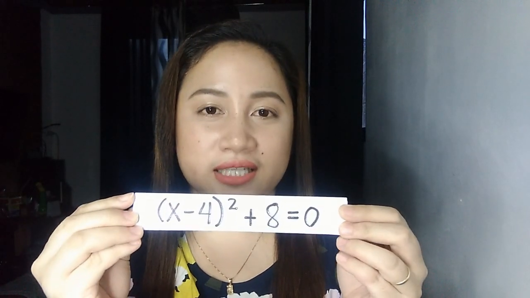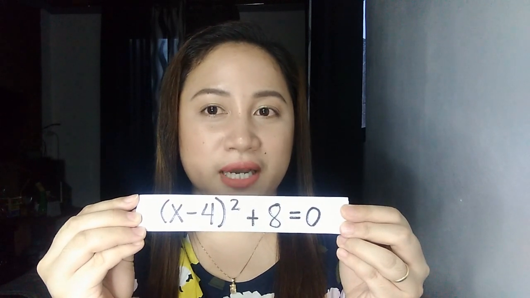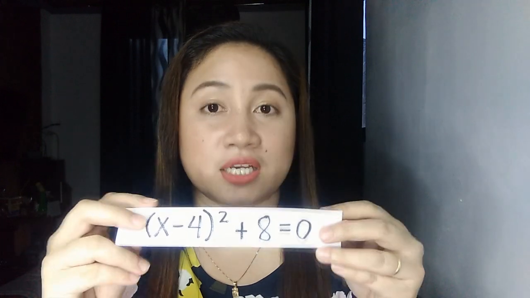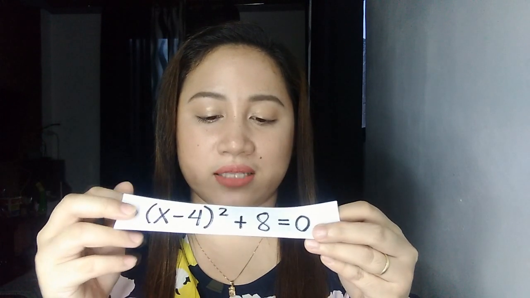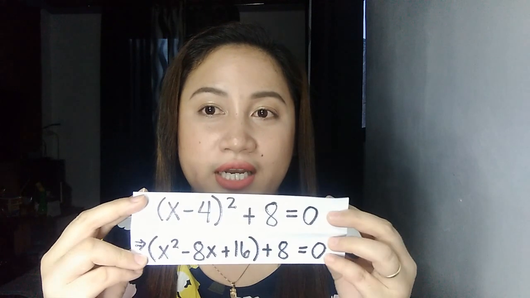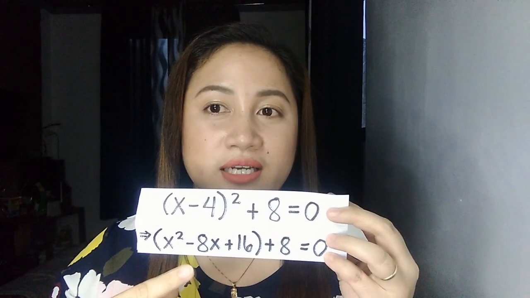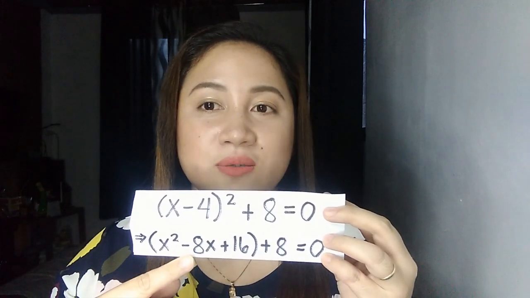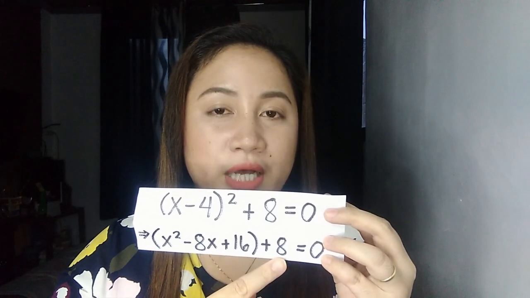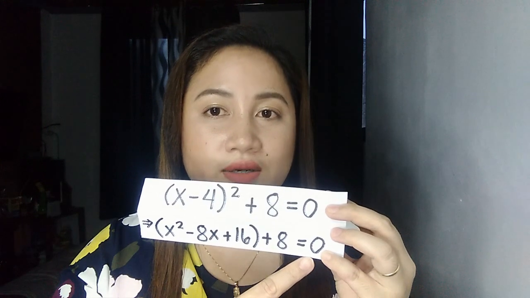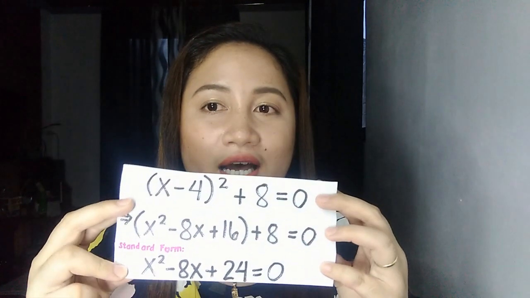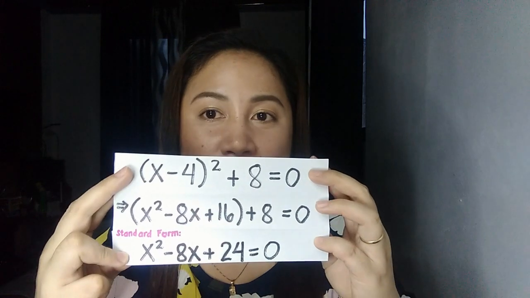And this is now our second item. So our given is the square of the quantity x minus 4 plus 8 equals 0. So once you manipulate, the result is this one, applying the special product. So from here, naging ito na siya. X squared minus 8x plus 16. And then we have plus 8 equal to 0. Okay? And then, ito na ang kanyang standard form.